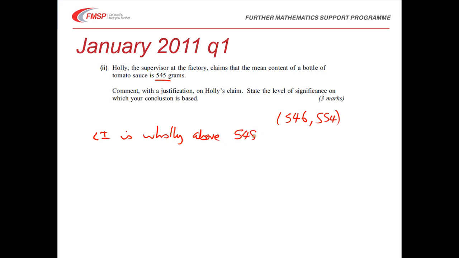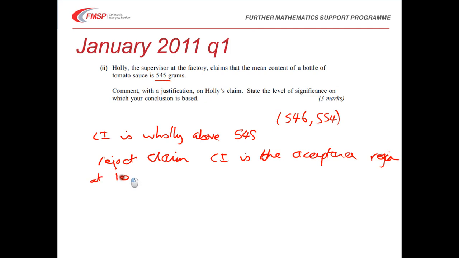So that leads us to reject the claim. The reason is that a confidence interval can be thought of as an acceptance region. So the CI is the acceptance region at 10%, because that's what it was in this particular case.